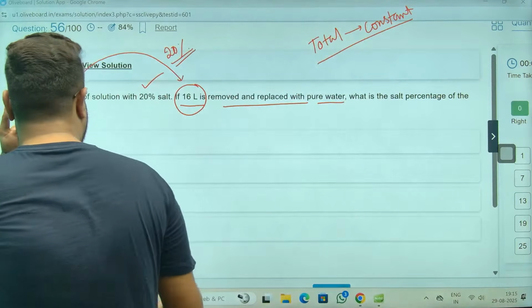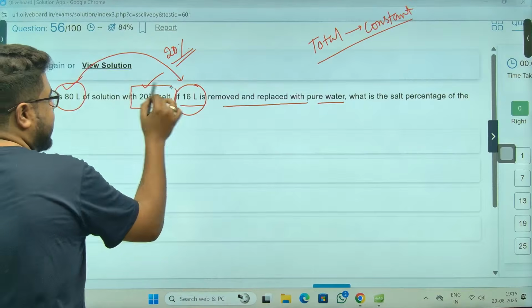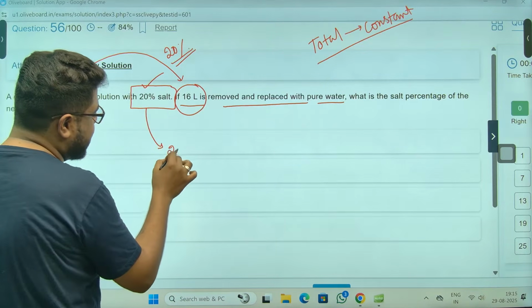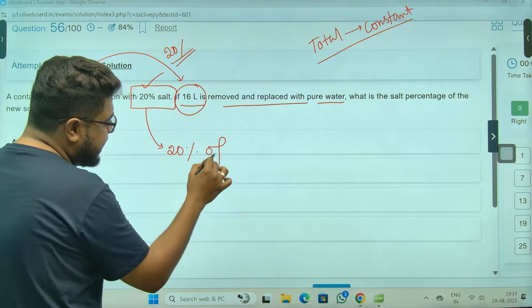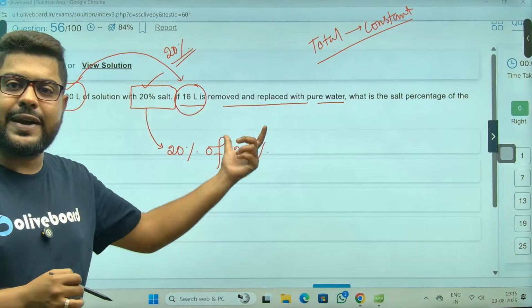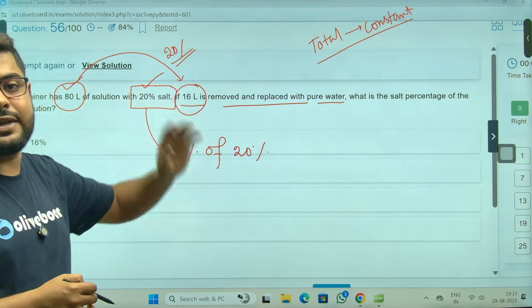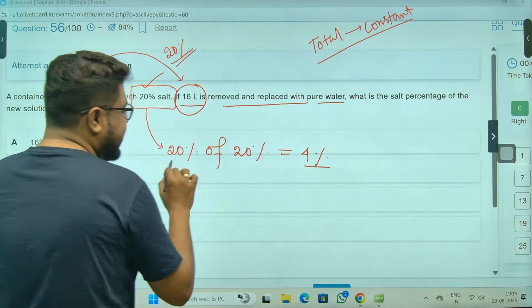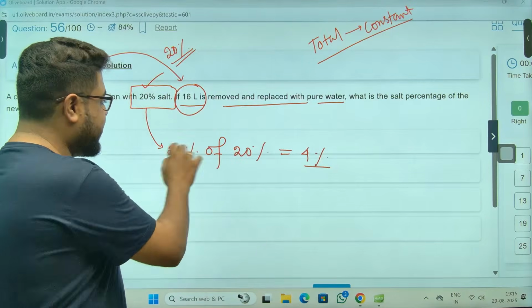So it already had 20% salt. I will take out 20% of 20%. Because salt was already 20%, I'll take out 20% of it, meaning I'll take out 4%. 20% of 20%, 2 2s are 4.